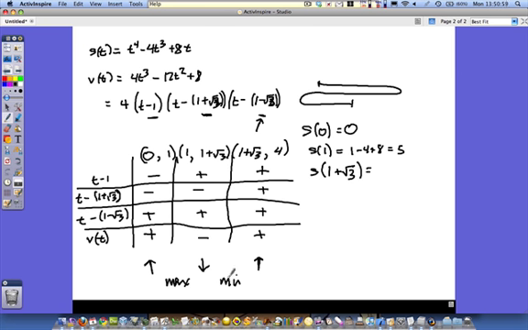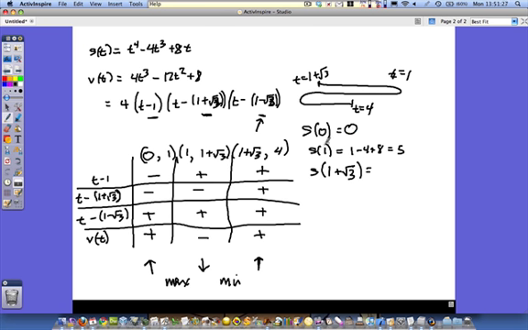And I've got a max and a min at the zeros of the derivative. So now it's just a matter of plugging in the values. Since I know the particle starts at 0, goes forward, changes directions at t equals 1, changes directions again at t equals 1 plus square root of 3, and then stops at t equals 4, all I have to do is figure out what the positions are at each of these endpoints.